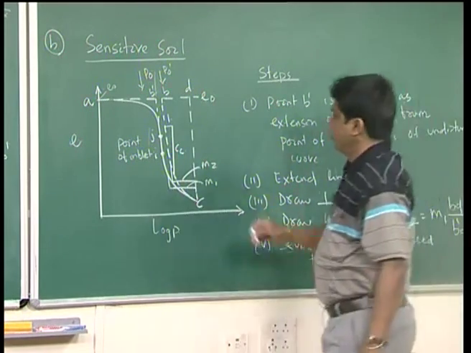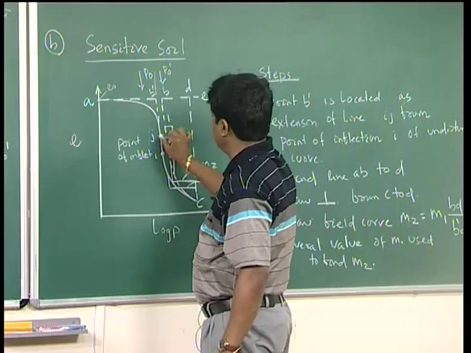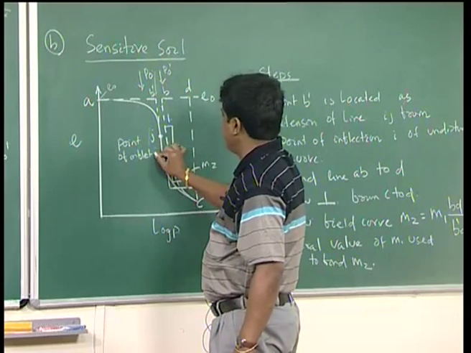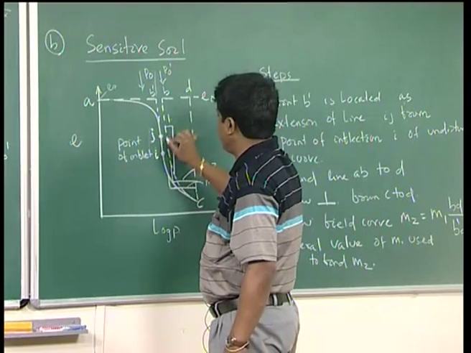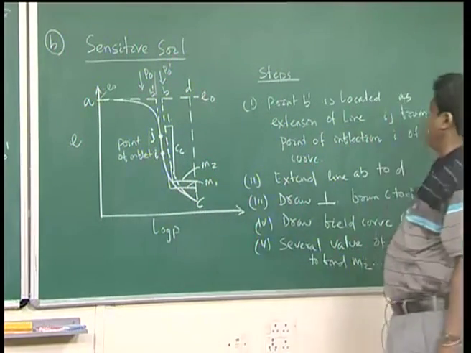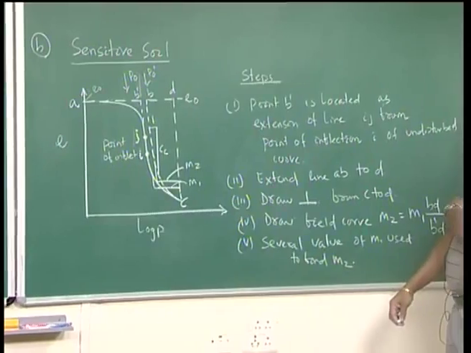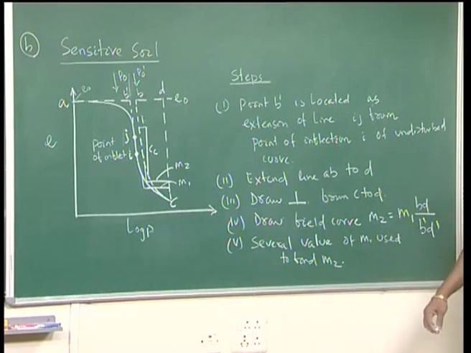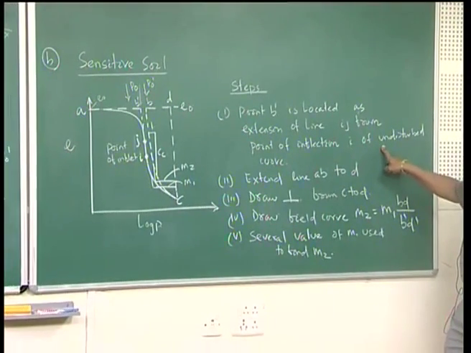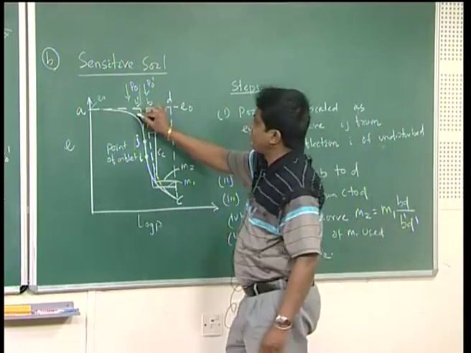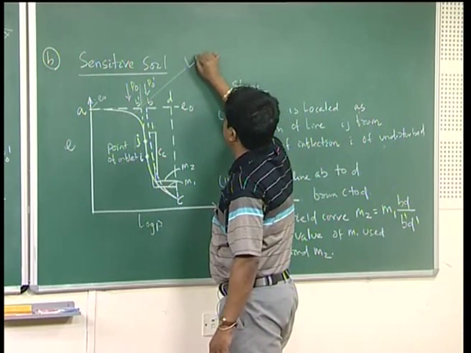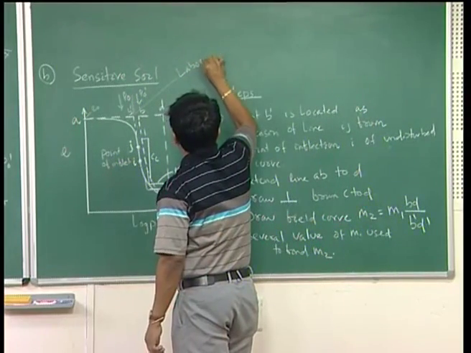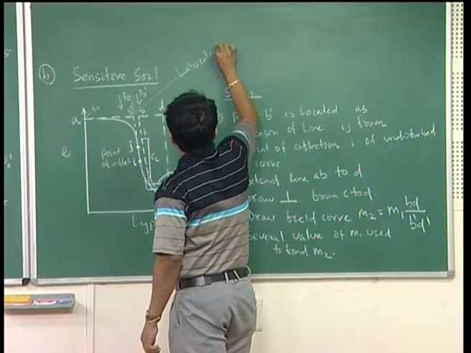I have taken two points at the point of inflection, I and J. Point B prime is located as the extension of line IJ from the point of inflection I of the undisturbed curve. This is your laboratory undisturbed curve.